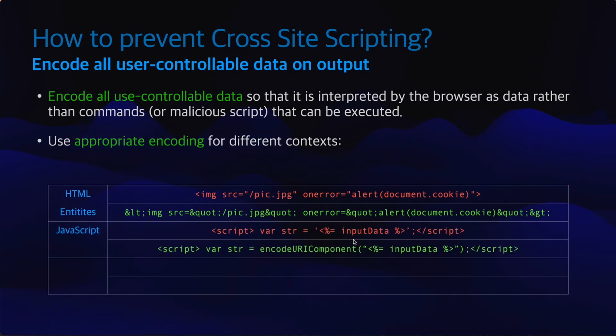And for JavaScript, if you're trying to output some kind of data in the JavaScript, make sure that you are using encodeURIComponent to encode whatever data is going to be outputted. What attackers can usually do here is escape this data by adding another single quote and then add some commands to just continue the JavaScript from there.